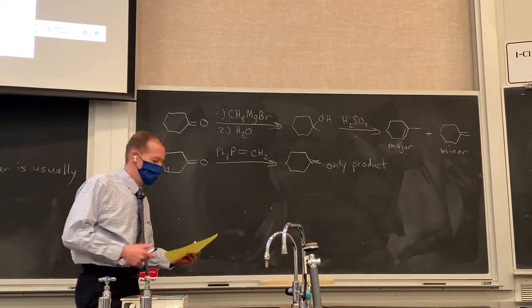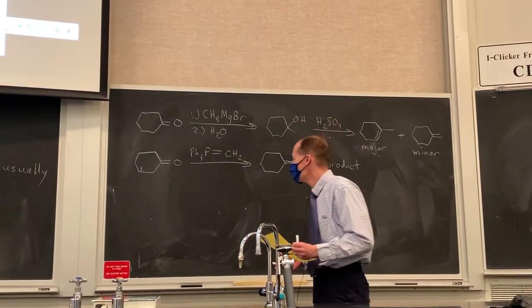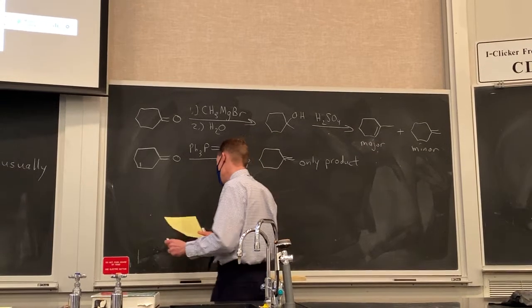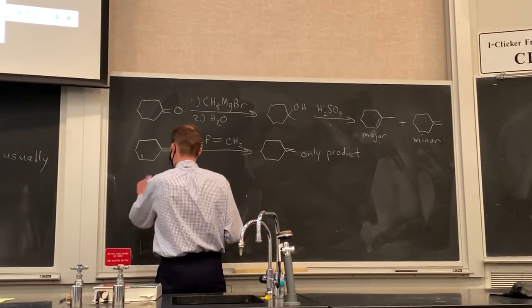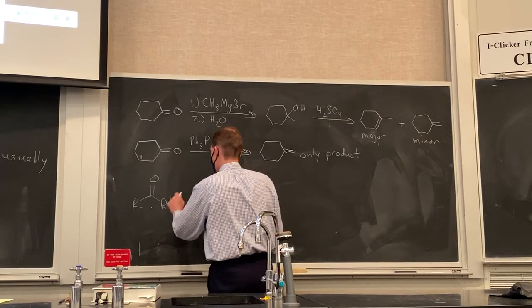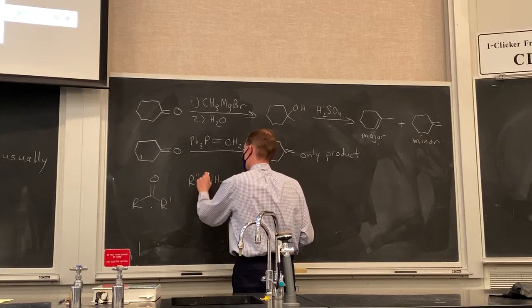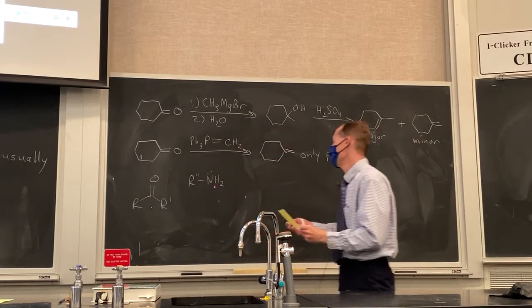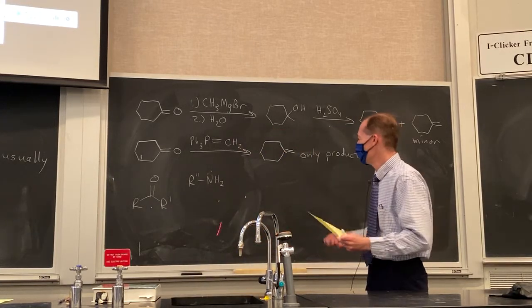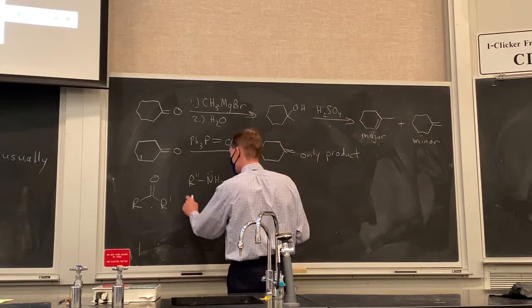Okay, let's talk about reactions of carbonyl compounds with amines, specifically with primary amines. A primary amine is an amine that has one alkyl group, one R group attached. So it's going to have NH2, two hydrogens and one R group attached.